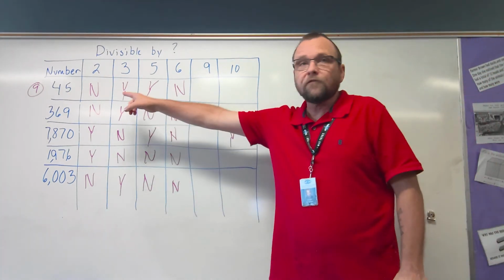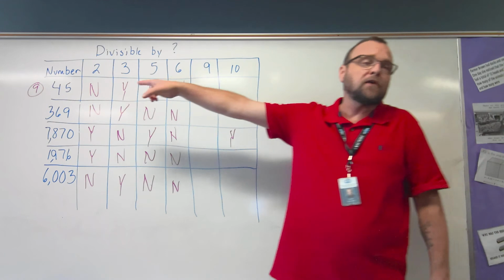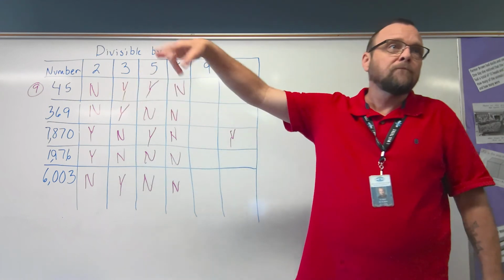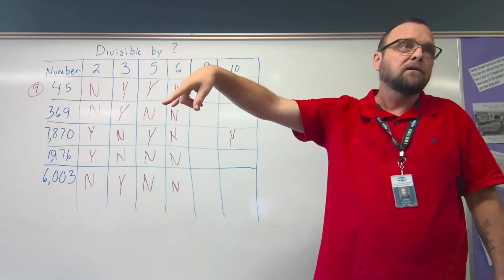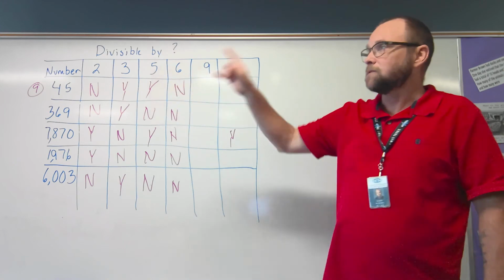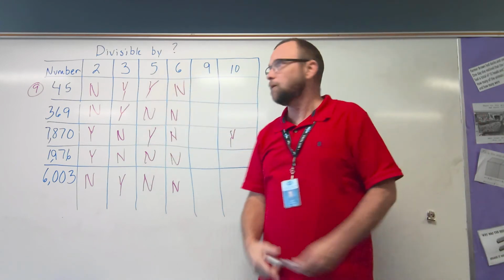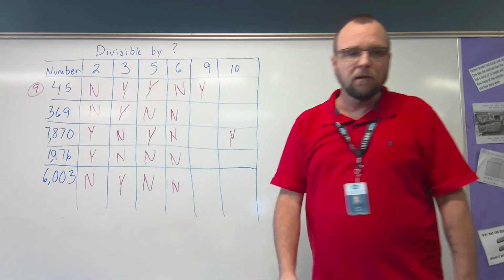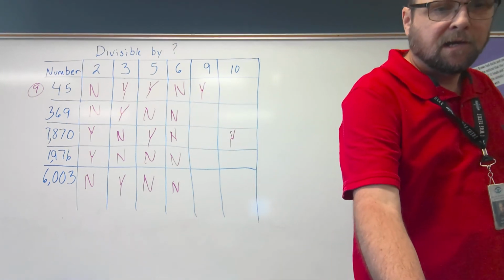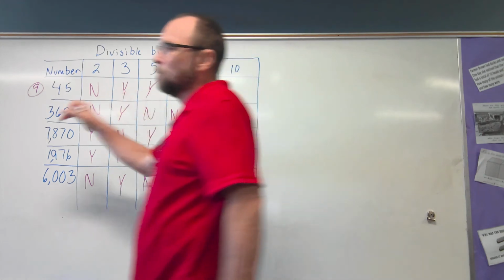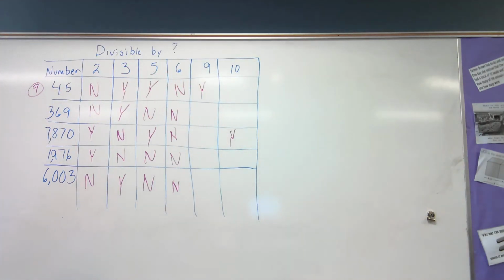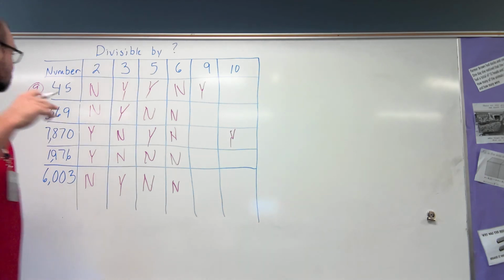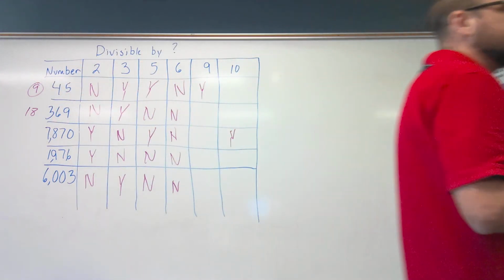Samuel, 45. What's the sum of the digits in 45? 4 plus 5 is 9. Does 9 go into 9 evenly? Yes. So 45 is divisible by 9. 369. Serenity, what's the sum of the digits in 369? 18, because 3 plus 6 is 9, 9 plus 9 is 18.